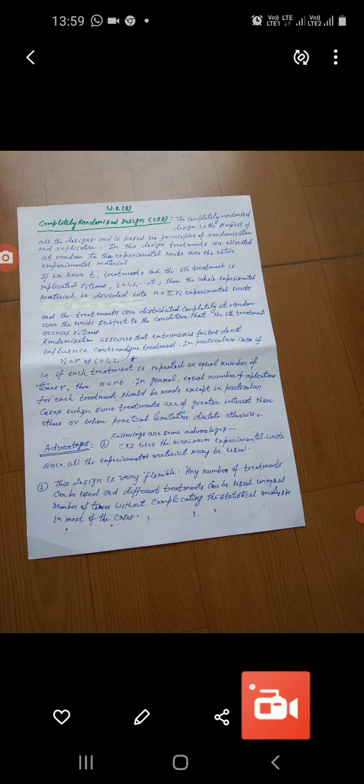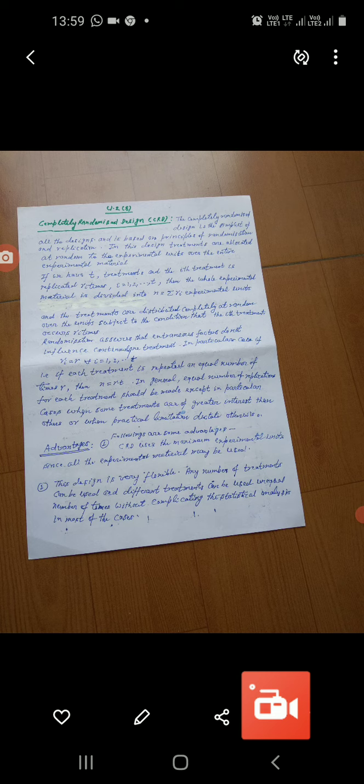That is, if each treatment is repeated an equal number of times, that is r, then n, the number of experimental units, will be r into T. Means all the experimental units will be n is equal to rT.